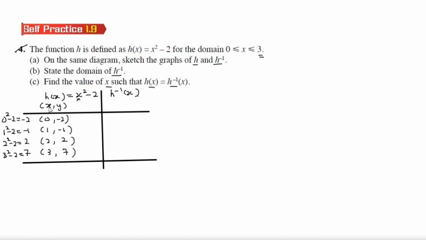If h, the coordinate is xy, then the h inverse will become yx. For instance, 0, negative 2 in h inverse will become negative 2, 0. 1, negative 1, negative 1, 1. This one same, 2, 2. This 3, 7, 7, 3. Just switch the position of x and y.